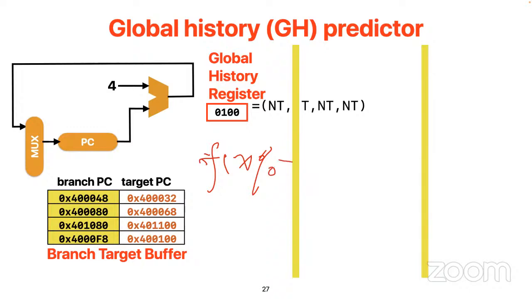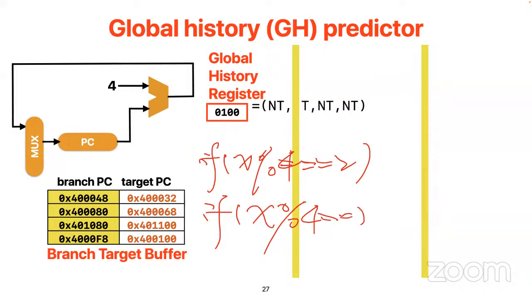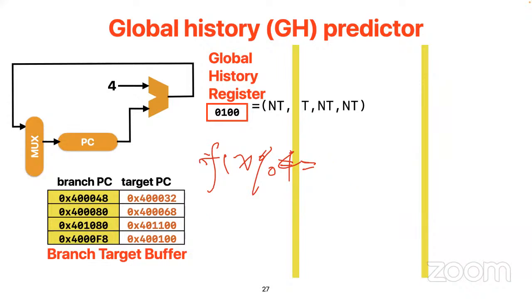All right, if I have a case like x mod 4 equal to 2, and then another one saying that x mod 4 equal to 0, right? Then you can probably guess there is some kind of pattern here. Oh, this is okay, this is probably what I want to say.